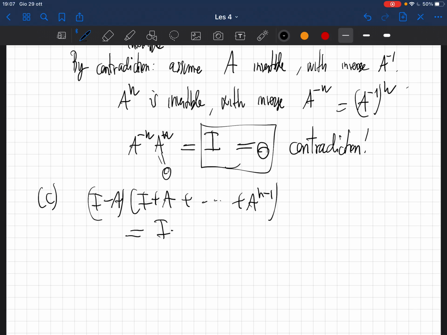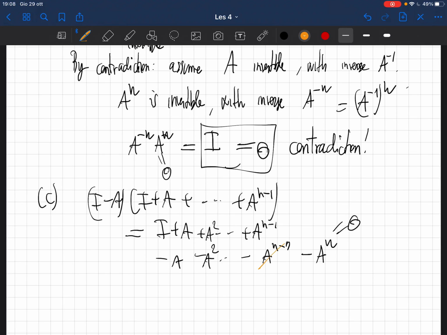So let's try. Here you just have the identity, and then you have minus A squared, etc., minus A to the n minus 1, and then you have minus A to the n, but this is 0. So you see that this cancels with this, cancels with this, and so on, and you're left with the identity.